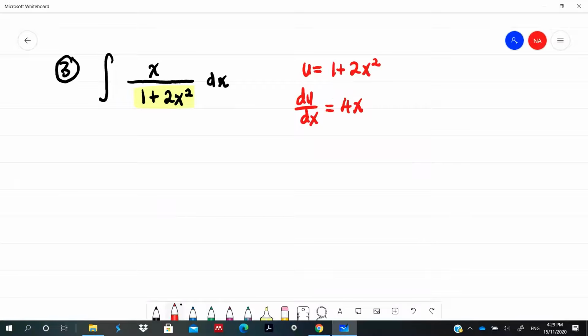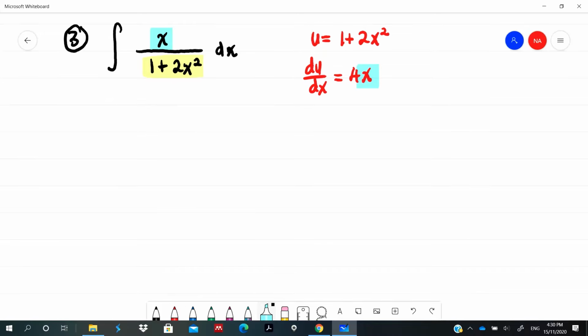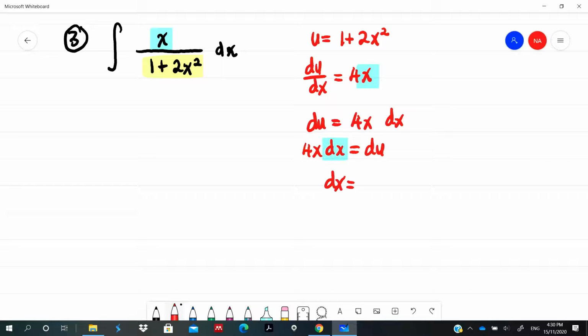We know that this x with x we want to cancel later. Now you must write dx as the subject. So du equals 4x dx. I want to make dx the subject, so I'll have dx equal to 1 over 4x du.